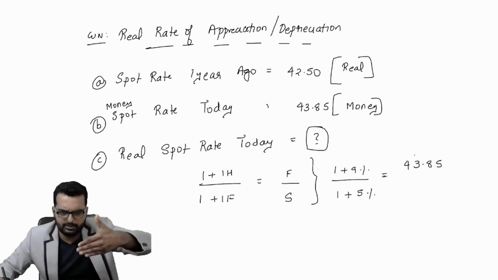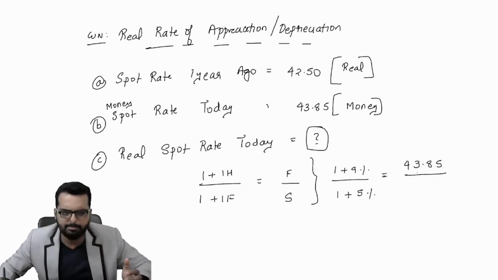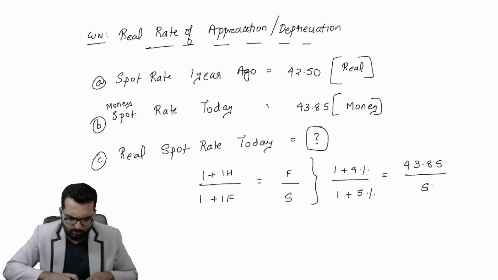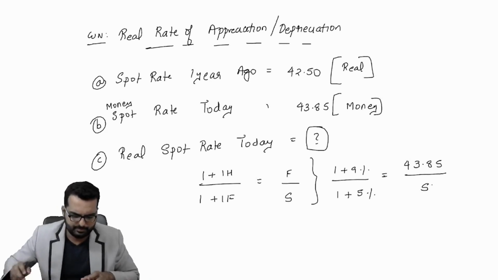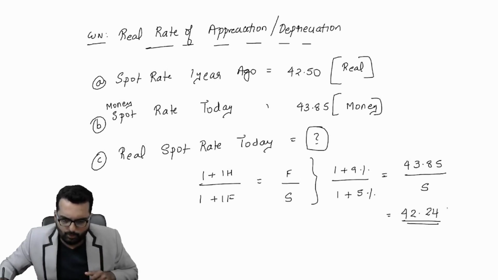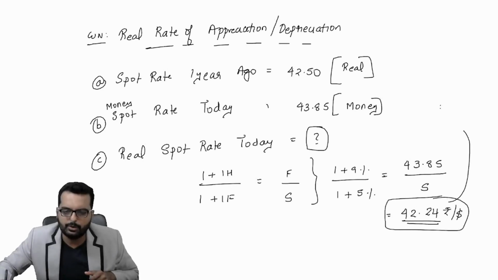It is today's rate. So this is the money rate divided by, if that is the case, what would be the spot rate excluding inflation? So once you do a backward working, you would get the answer as 42.24 rupees per dollar. This is going to be your real rate today.